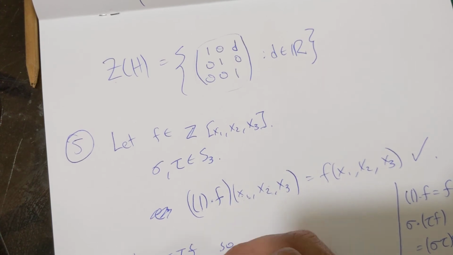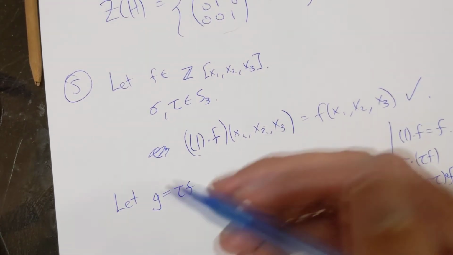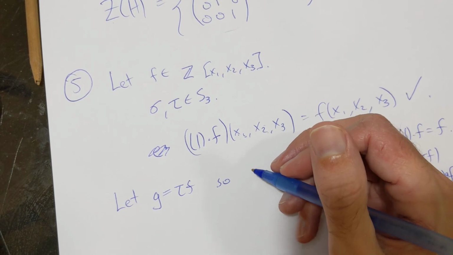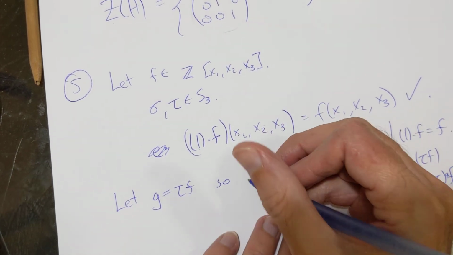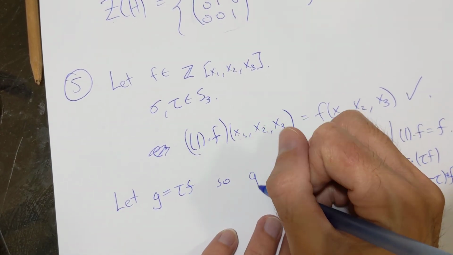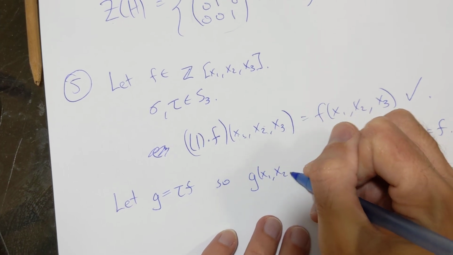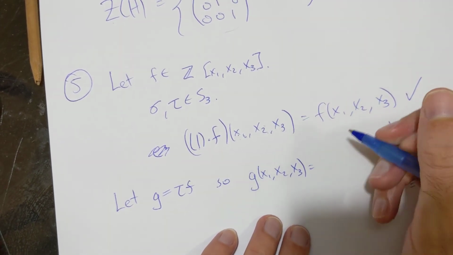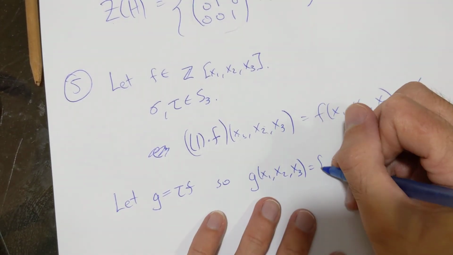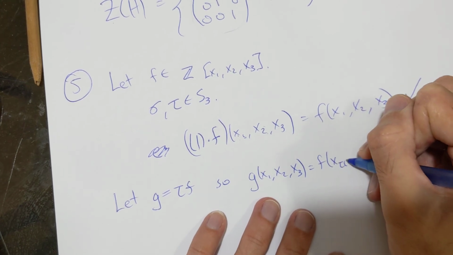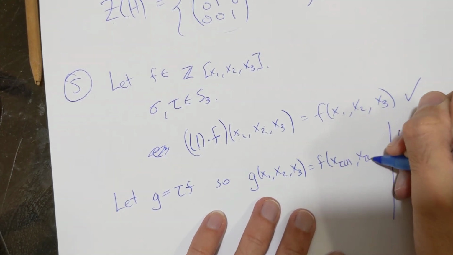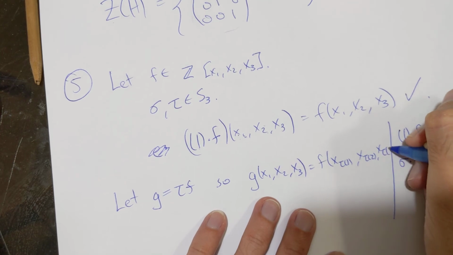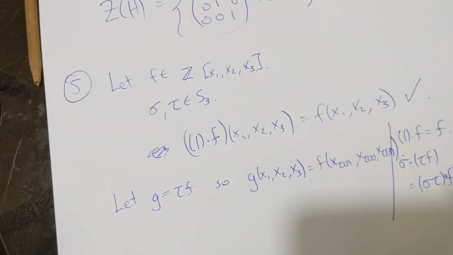I think in class I might have done tau sigma, but it's fine. So what is the definition of tau f? It is that g of x1, x2, x3 is just f of x tau 1, x tau 2, x tau 3.